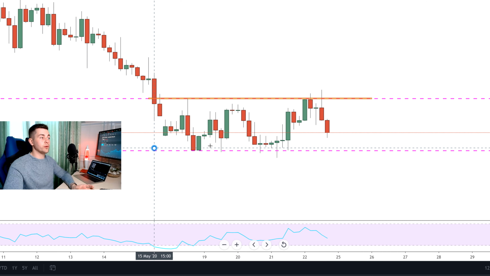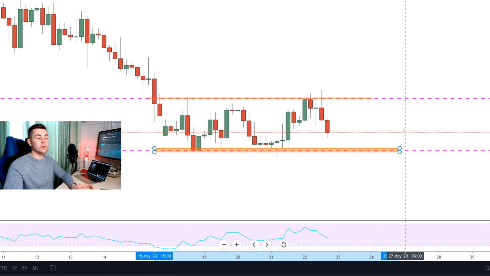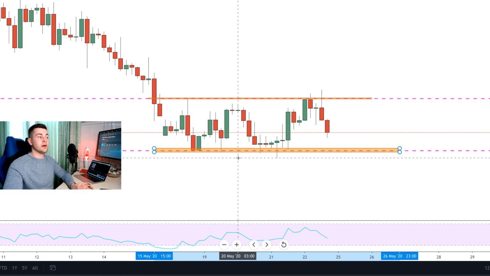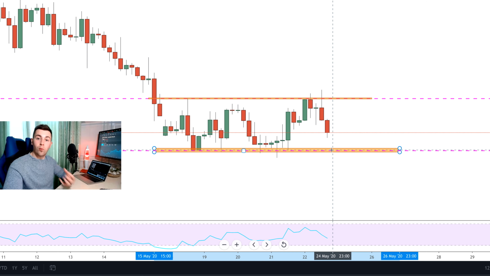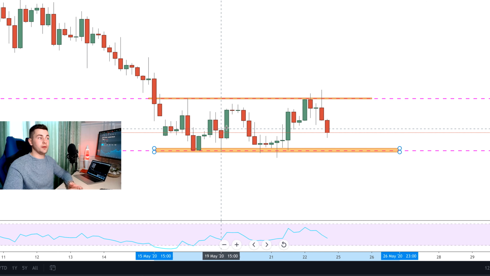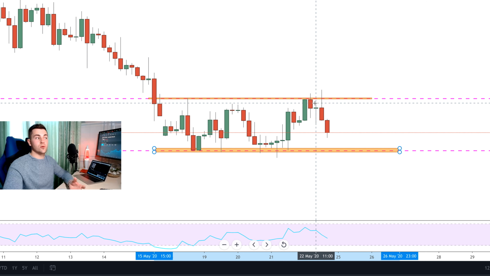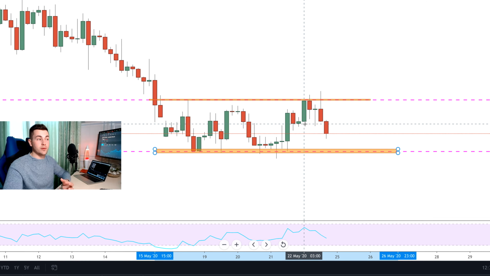So if you trade intraday, the support of the mother's bar gives a perfect support for buying the market, and at the same time the resistance of the mother's bar gives you the perfect place to short from. And as you can see, just based on that, you could have so many trading opportunities to buy from support and short from resistance. So it's just quick trades, quick winners that we can take just based on that range.